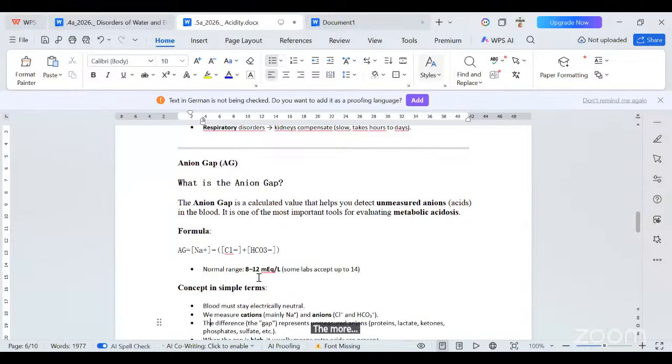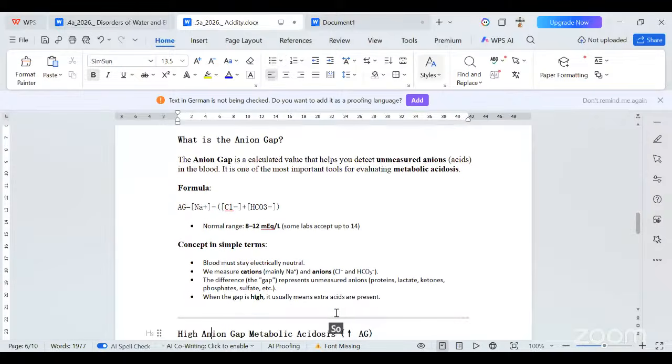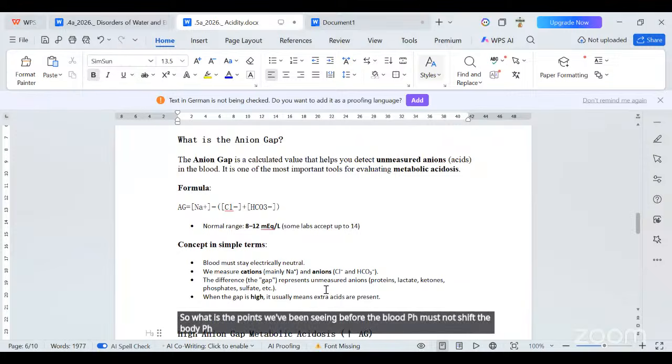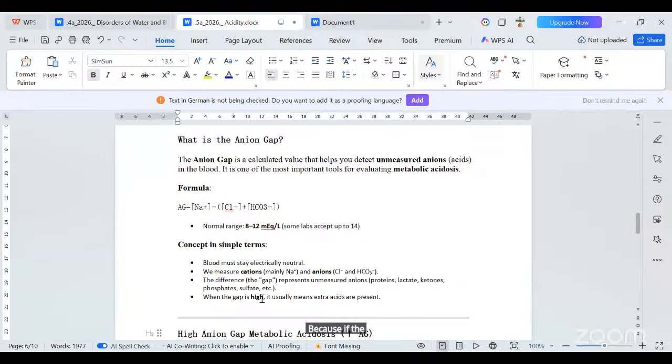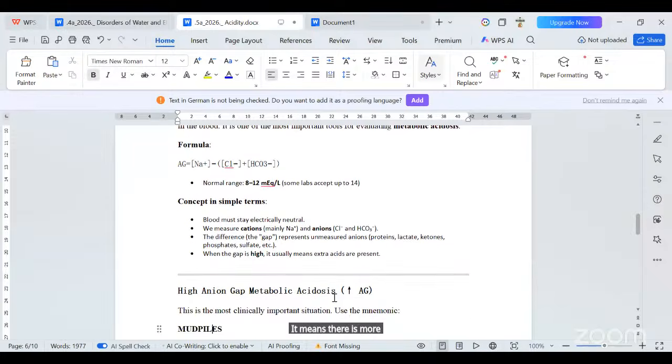This is the normal range, and it just helps to buttress the point we've been saying before. The blood pH must not shift. The body pH must not shift. Because if the gap is high, it means there is more acid present in the system.